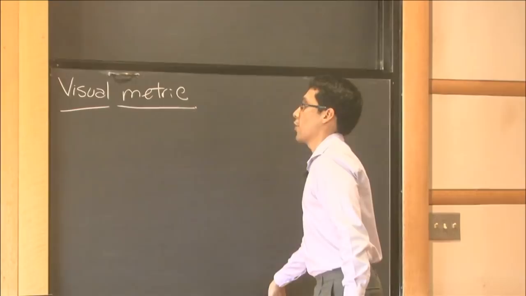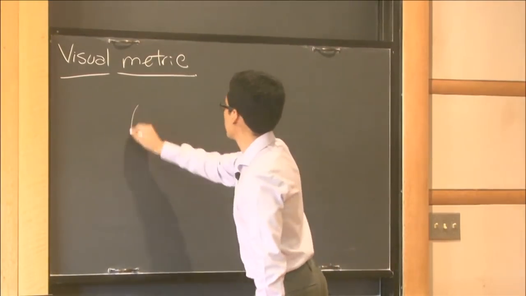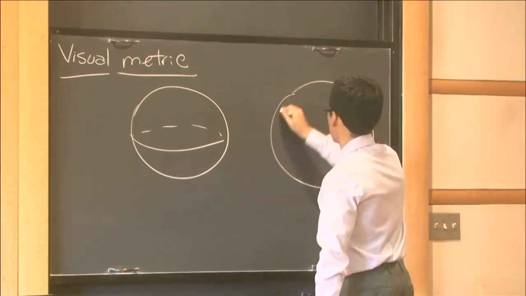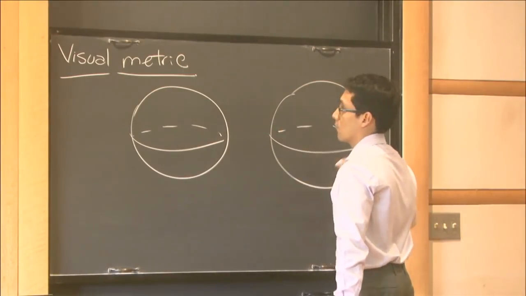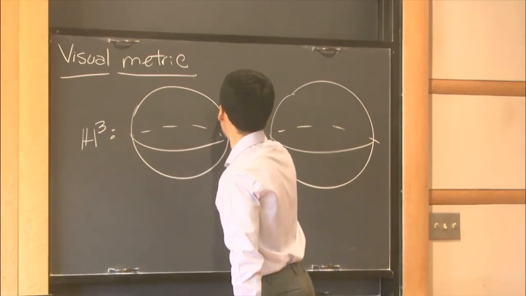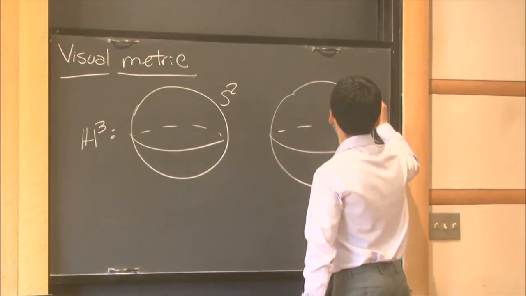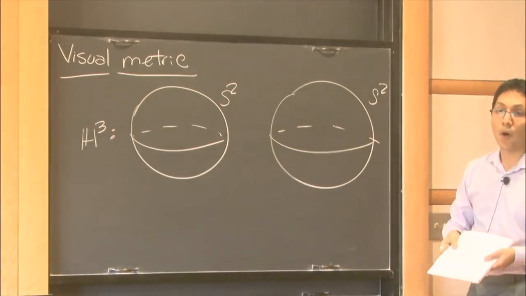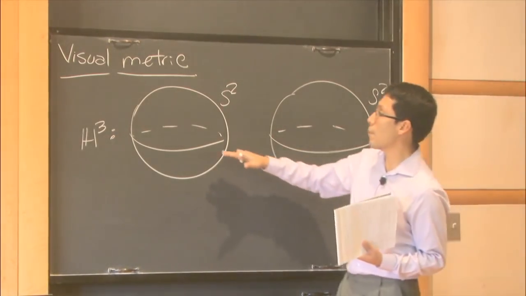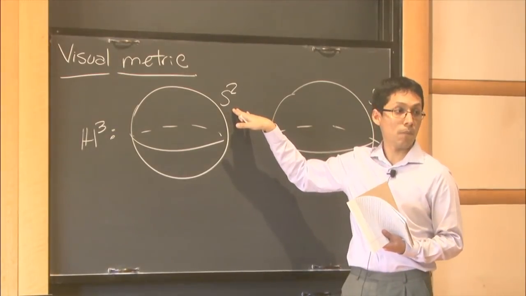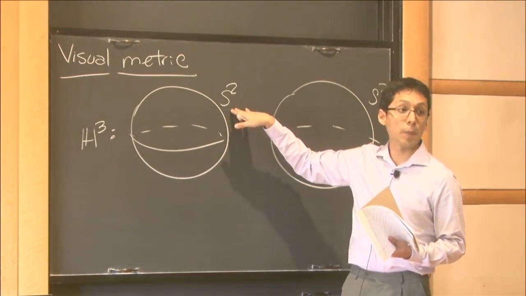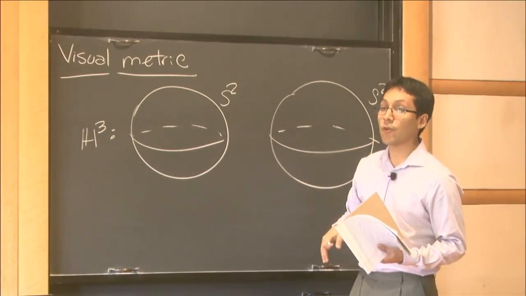So let me talk about visual metrics. Here, let me just take the ball model for three-dimensional hyperbolic space, which has a boundary at infinity given by S2. All the isometries of H3 are just going to be conformal maps acting on S2.